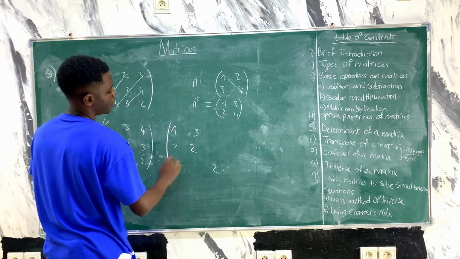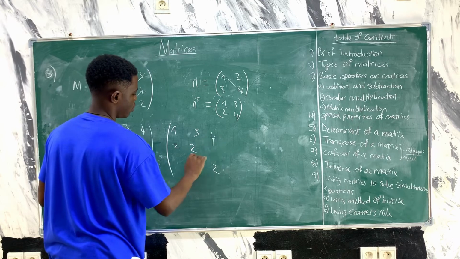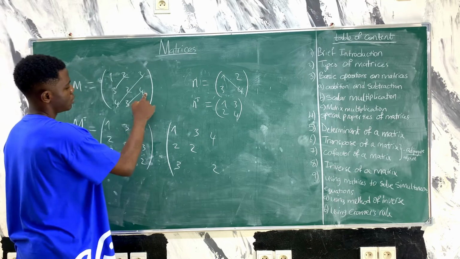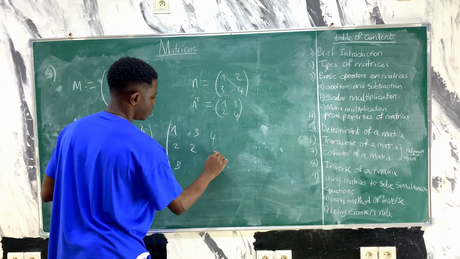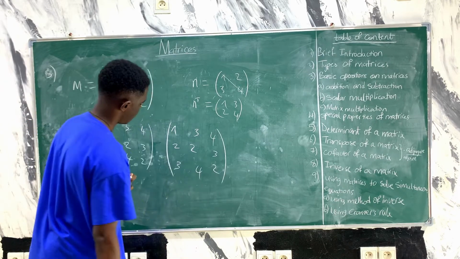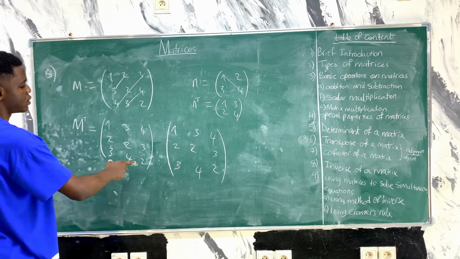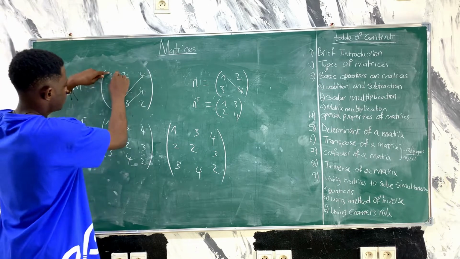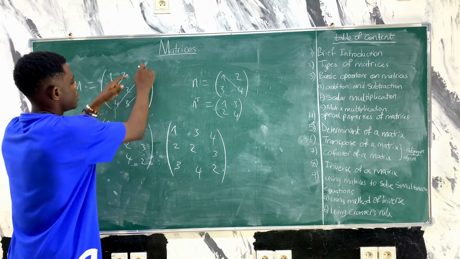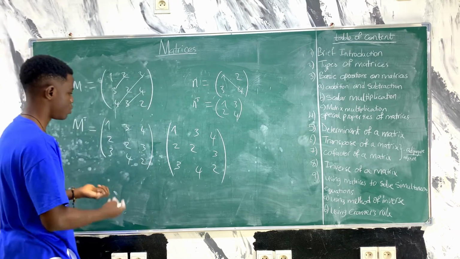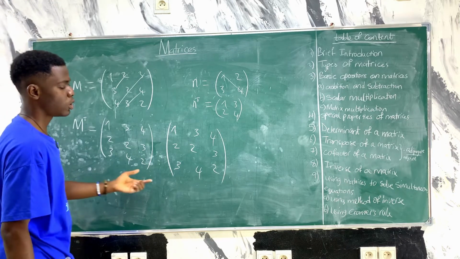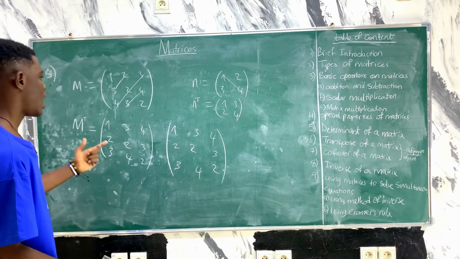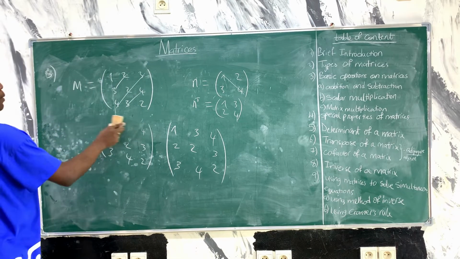I put 3 and I put 4 here, 4, 3. Now I switch these two. I put 3 and I put 4 here, 3, 4. That's the same. But I think putting this here, putting this here, putting this here, is even simpler. So you can use any of the methods if you find one of them confusing. So that is how you find the transpose.